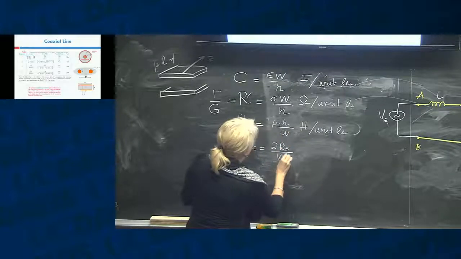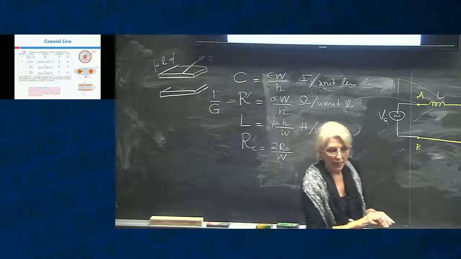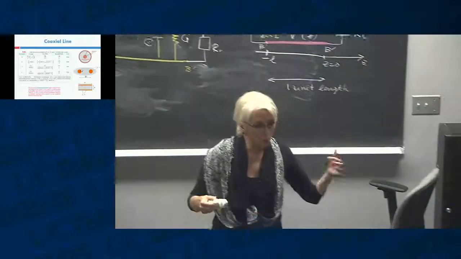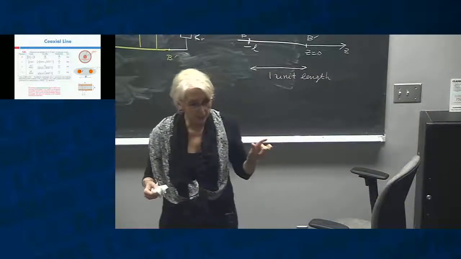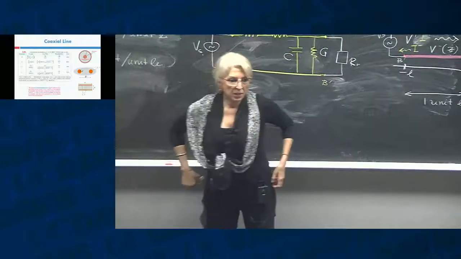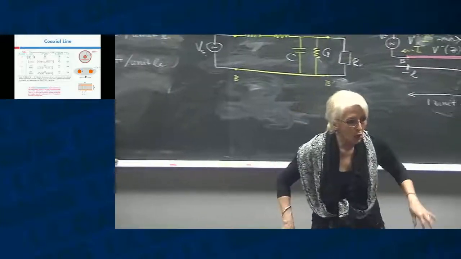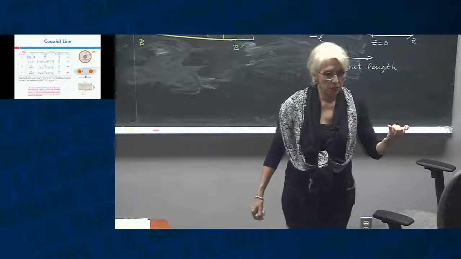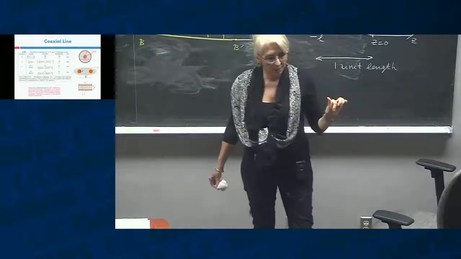And you know what this R sub S is? It is the surface resistance, as we call it. We have a new entity. We have not seen it yet. You will see it in 130B. But this is called surface resistance of the conductor. It's a measure of characterizing the conductor losses, all right, through this surface resistance.